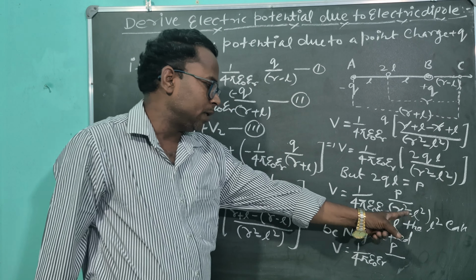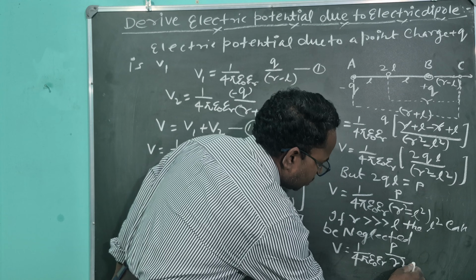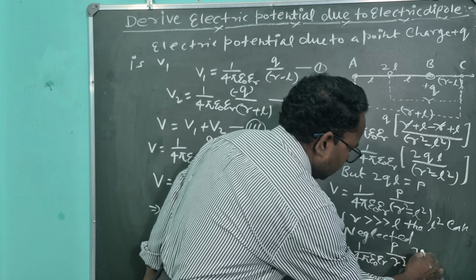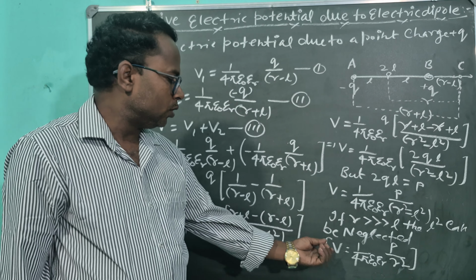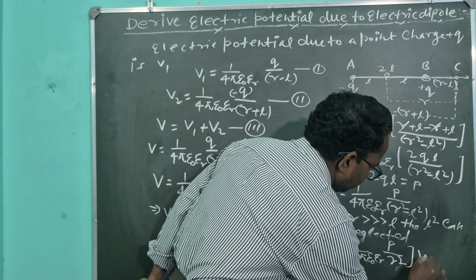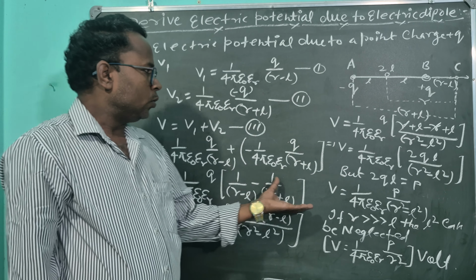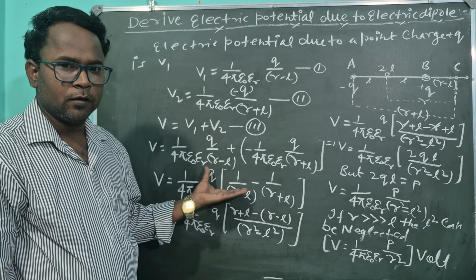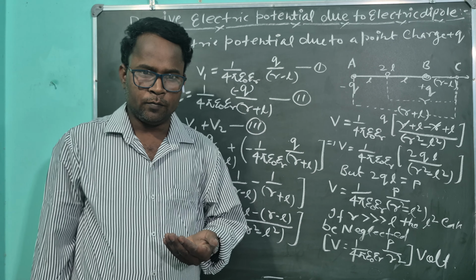The unit of electric potential is volt. So this is the mathematical expression of electric potential due to an electric dipole in the axial position.